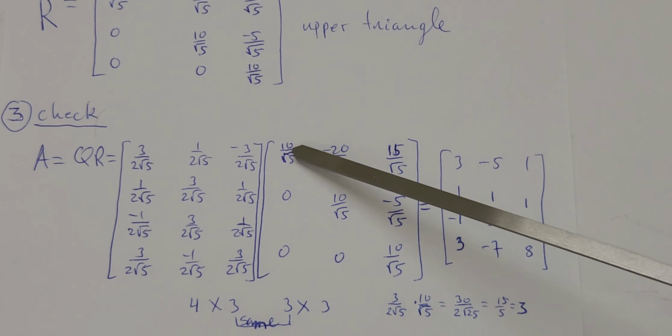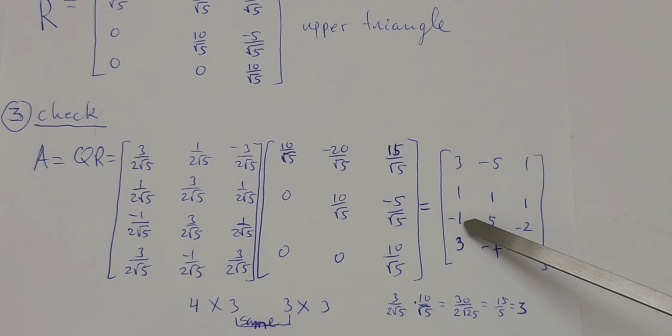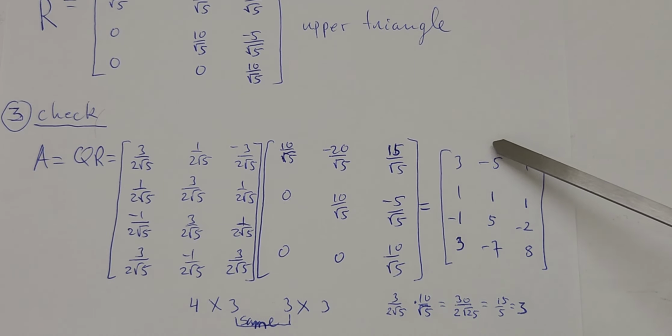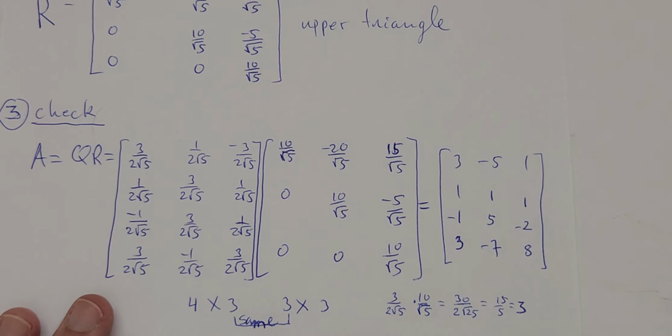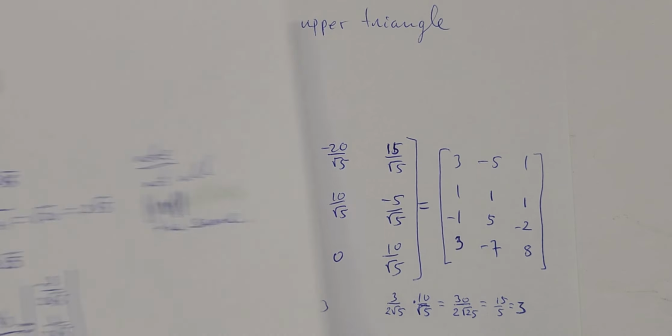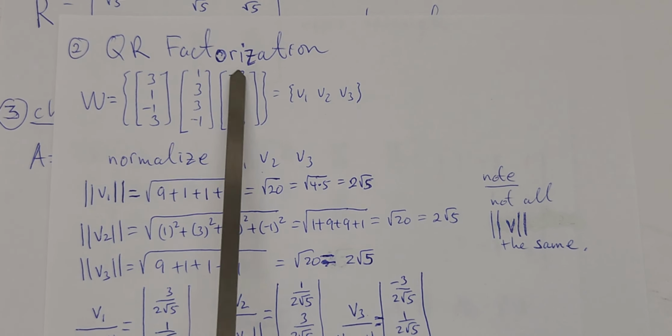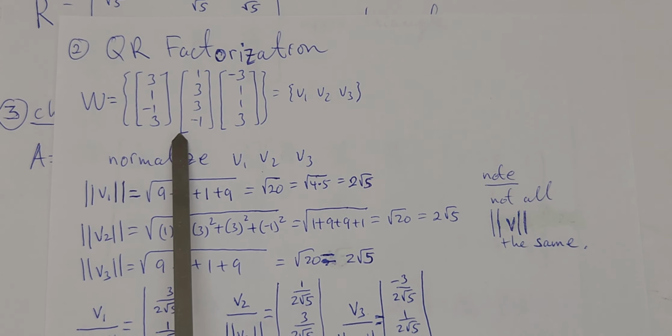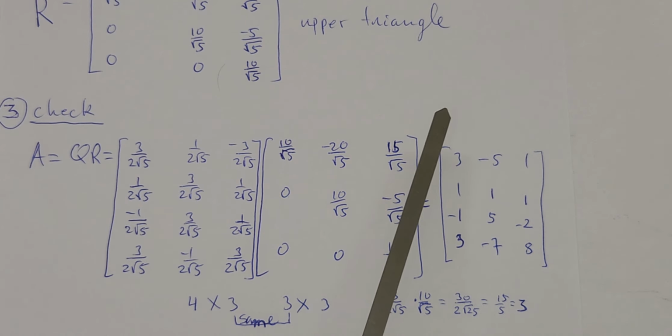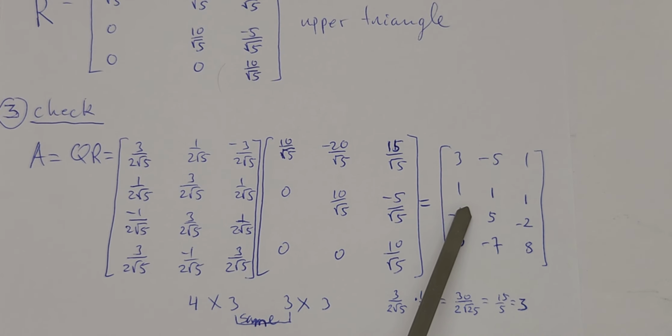Third row, first column gives me this -1, and all the way through, and it does come back to the original A matrix. So therefore, our orthogonal basis, which I have here, is the true answer, the real solution that will give us back the original A.